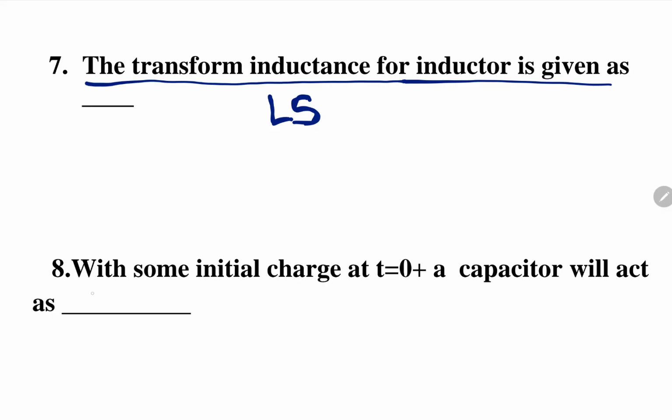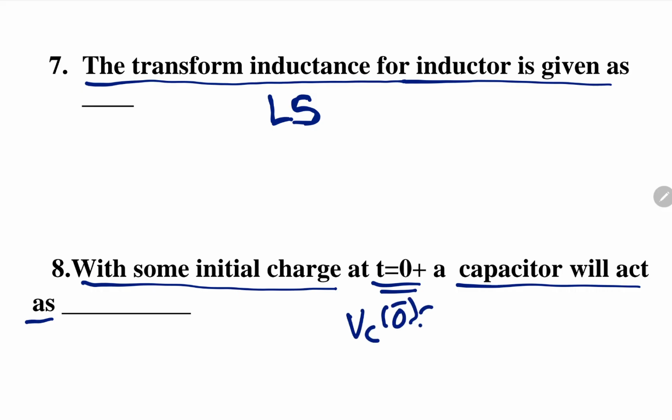Next, the transform inductance for inductor, the impedance of the inductor in s domain is Ls. Next, eighth question. With some initial charge at t is equal to 0 plus, capacitor will act as what? Before switching operation, let us say some voltage across the capacitor is V naught.